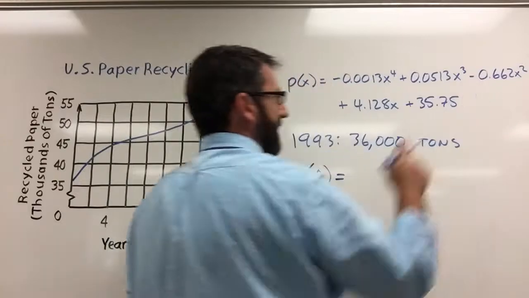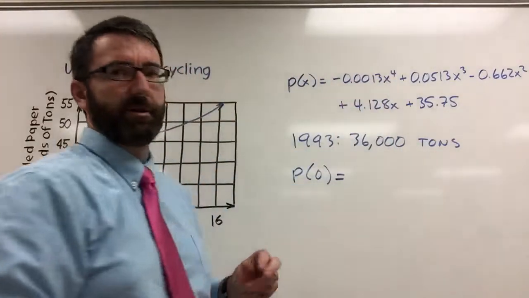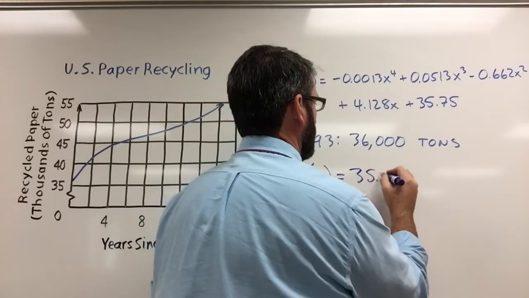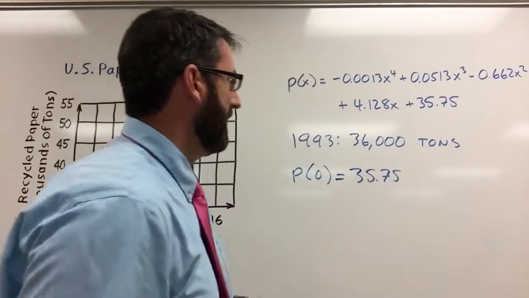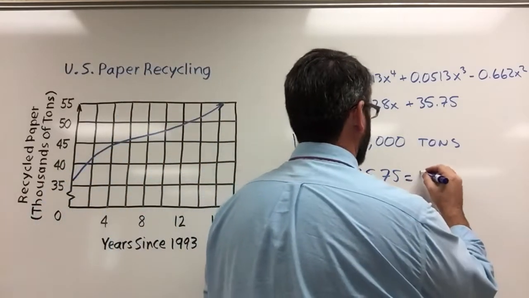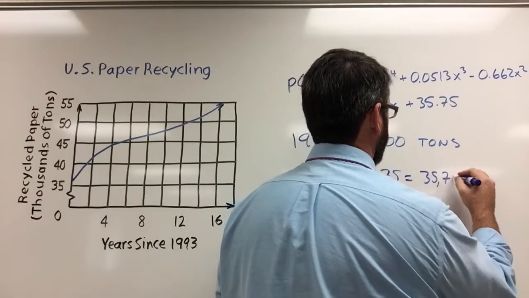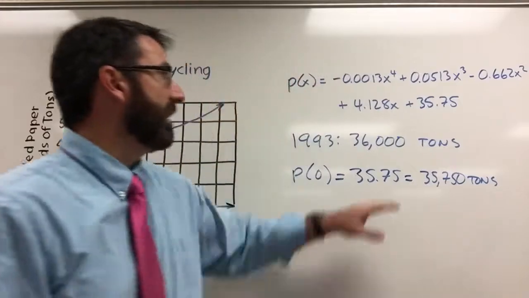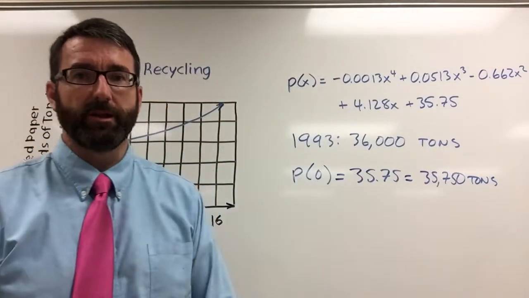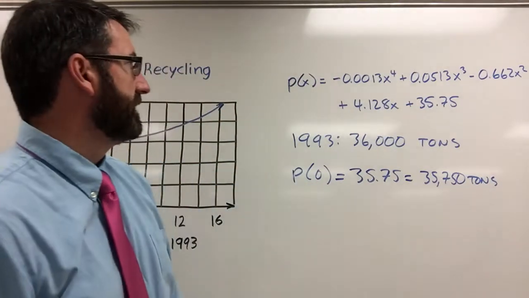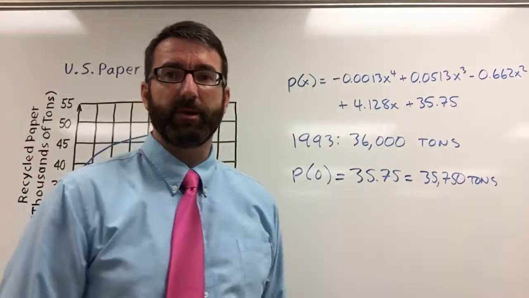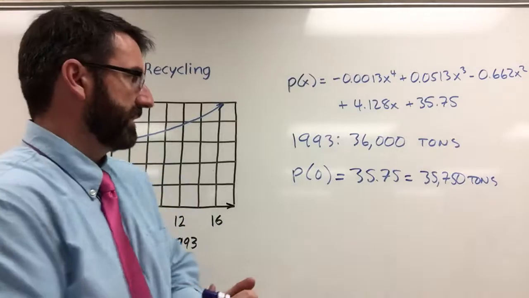And then this term will be 0, and this term will be 0. We're just going to be left with 35.75, which is equal to 35,750 tons. So our estimate was pretty close to the amount that we got by plugging it into that equation and confirming it algebraically.